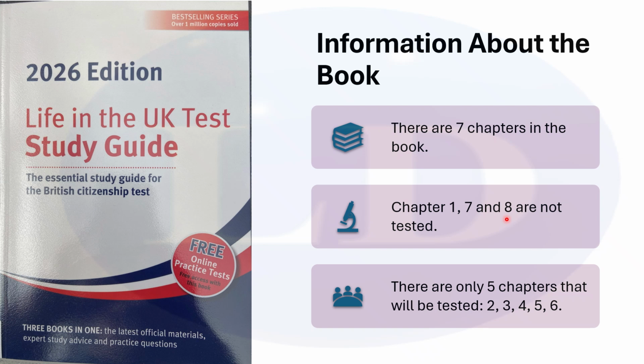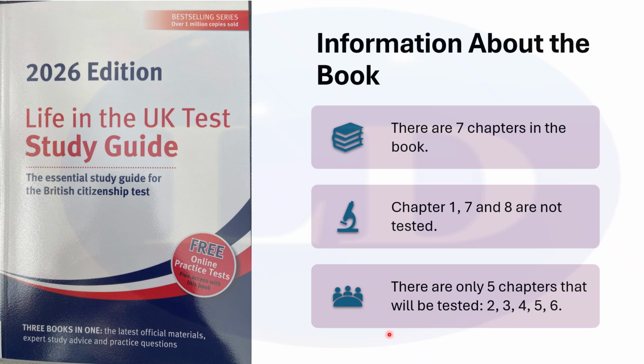Chapters 1, 7, and 8 are not tested, which means that these chapters are mostly about, for example, chapter 1 is about the introduction, what is the Life in the UK test, how you book it, and everything. Chapter 7 and chapter 8 are also not included in the test because one of them is a practice test, one of them is appendices.